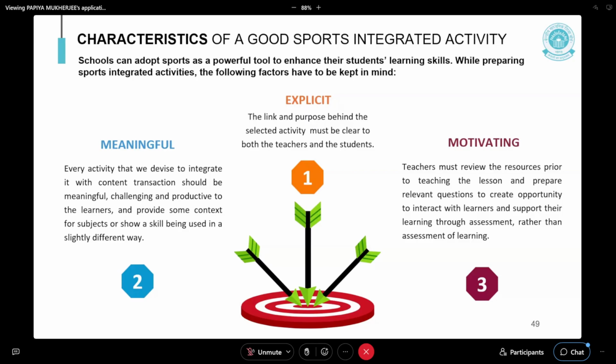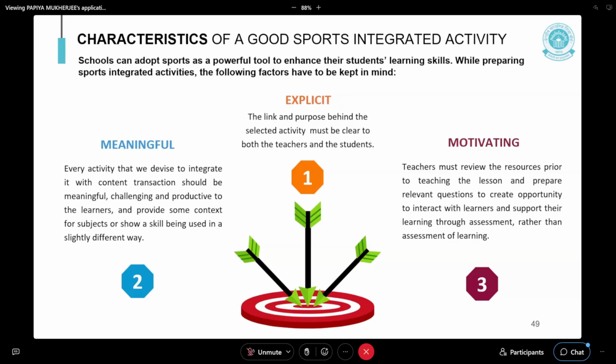Now we need to devise some activity. When we are doing a content transaction, the activity that we choose should be meaningful, it should be challenging, it should be productive to the learner, and provide them with a context to show a skill being used. It should be a motivating one.